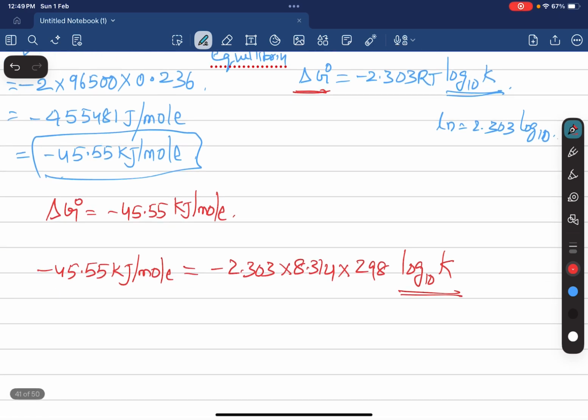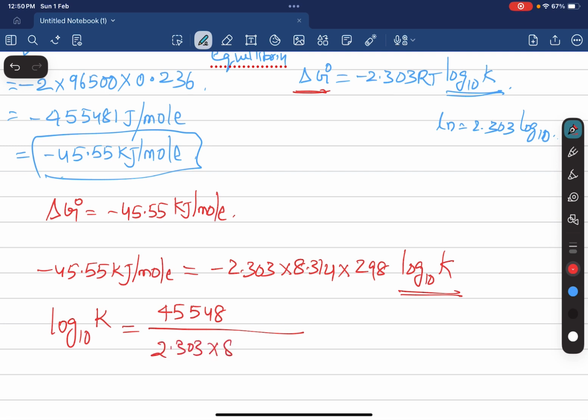So log base 10 K, you can just reverse this equation, equals 45,548 joules divided by 2.303 into 8.314 into 298 kelvins.